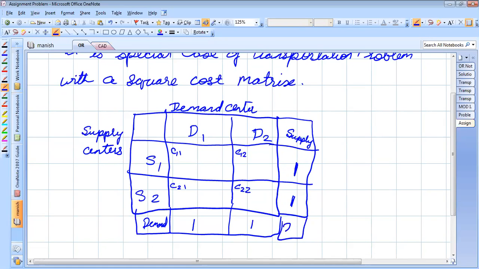So the summation is 2 on both the ends. So summation of supply is equal to summation of demand. This is a balanced problem, isn't it? Why is this a special case of transportation? Because here supply is also equal to 1, demand is also equal to 1.